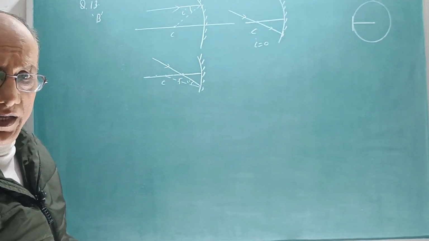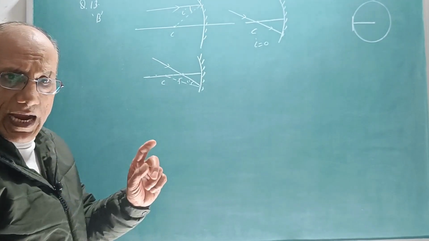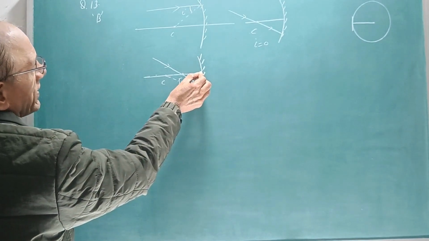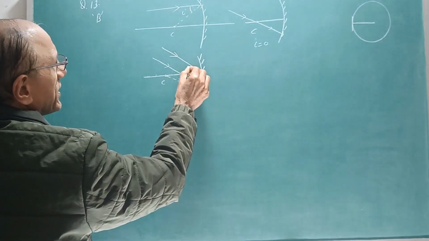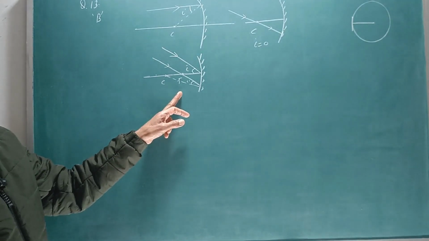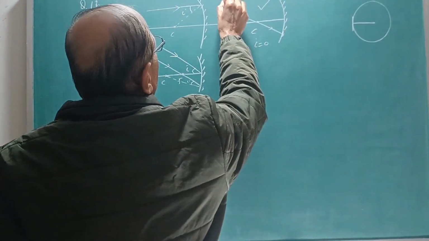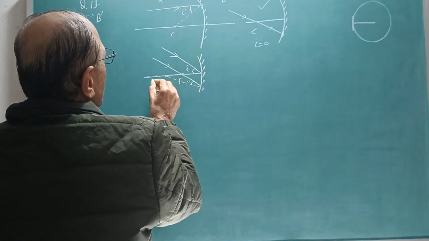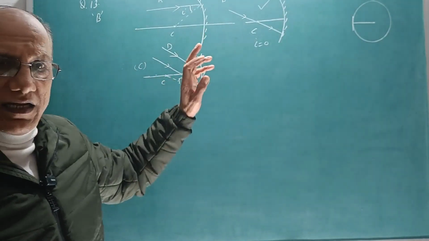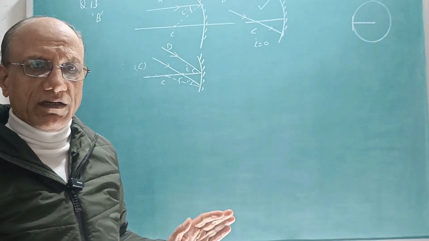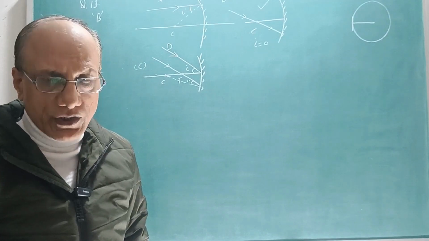Option D, a ray incident obliquely to the principal axis at the pole. Here the normal is this, so again i is not 0. So the only option is B. Option B is correct: a ray passing through the center of curvature and incident obliquely will always have angle of incidence equal to 0.